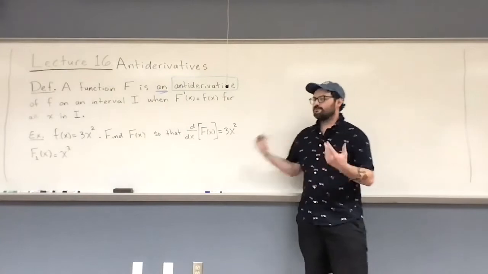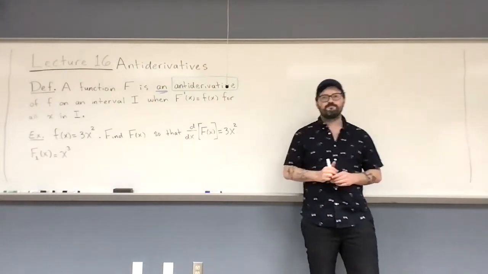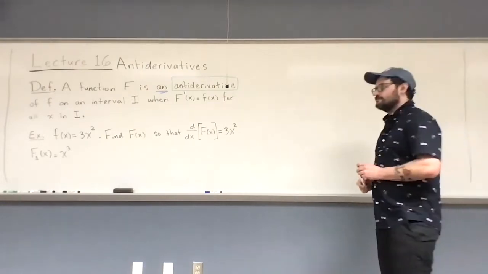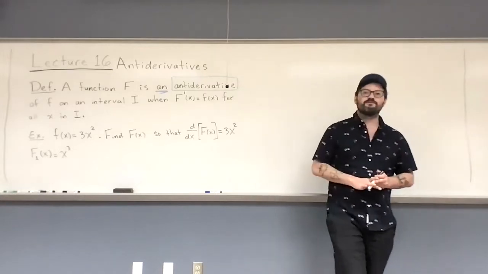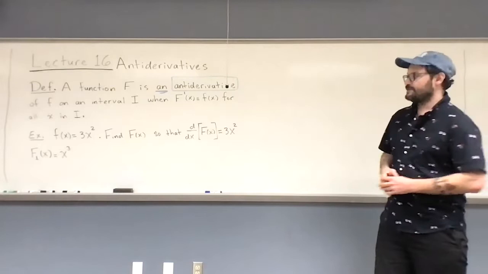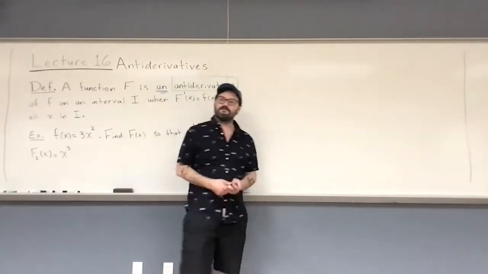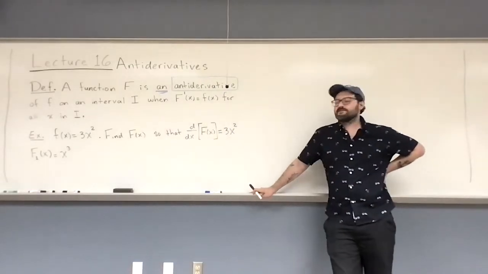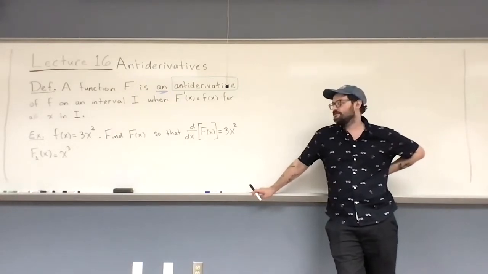What would be another possible antiderivative of this function 3x squared? It's a lot simpler than that. In fact, this is the closest so far. The exponent's going to be a 3 there, I suppose. Any other guesses? It's really easy. Would it be 2x cubed?